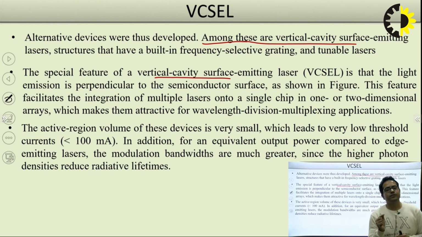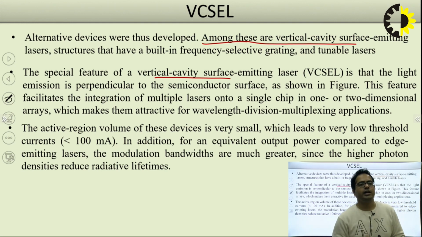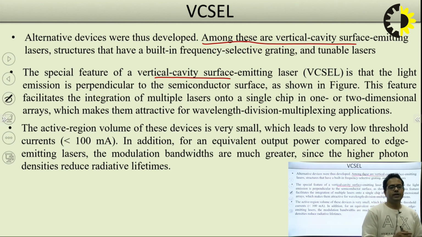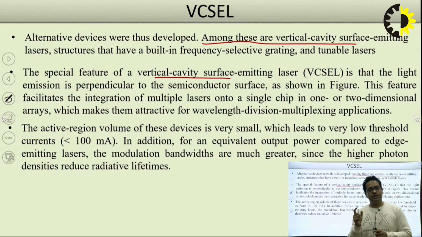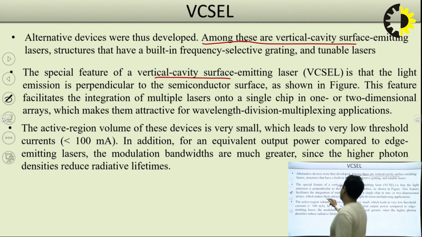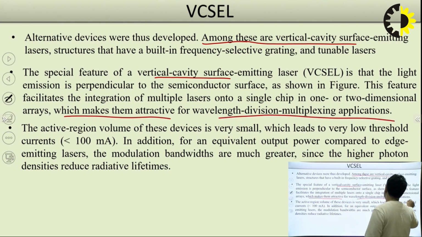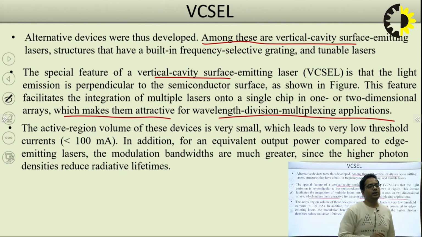Because of this one most important advantage, that the light is emitting perpendicular to the semiconductor surface, they are highly attractive for wavelength division multiplexing applications.